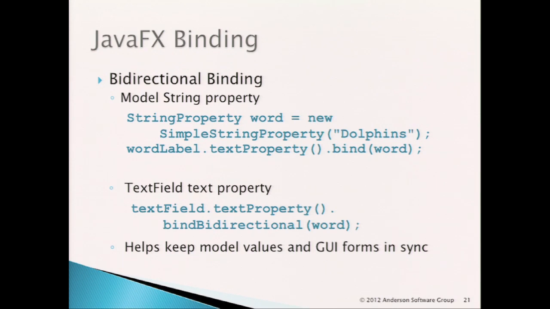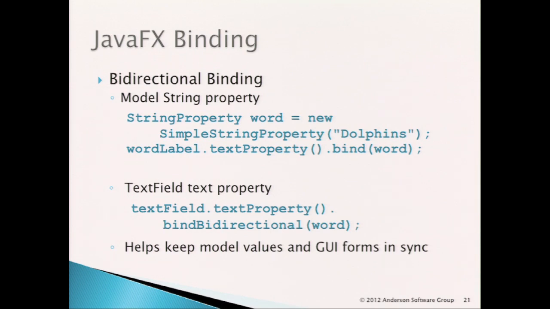And then because the word changed once again, the word label will also update. All of this is happening, as you saw, with us writing just these simple lines of code. And this is the power of JavaFX binding. There's a lot of stuff going on behind the scenes here, but we don't have to be writing a lot of that code, and that's the whole point.